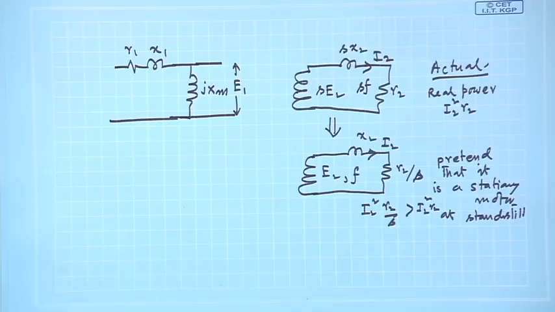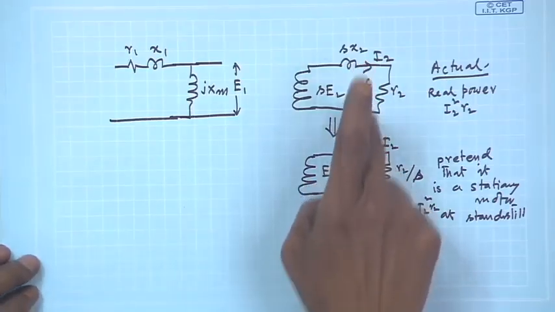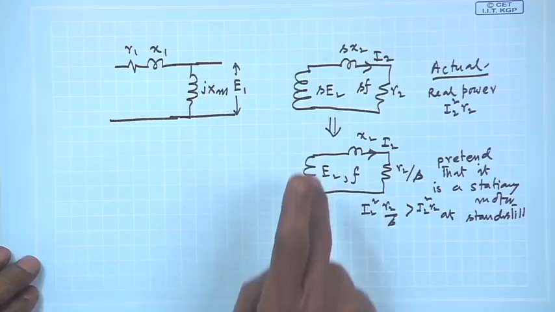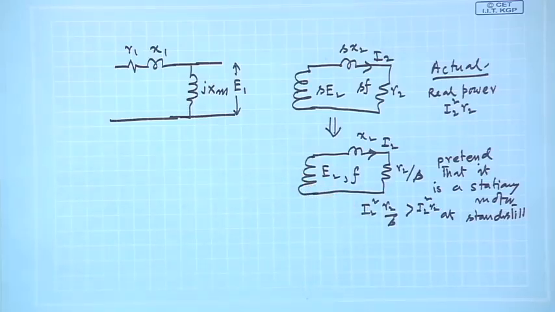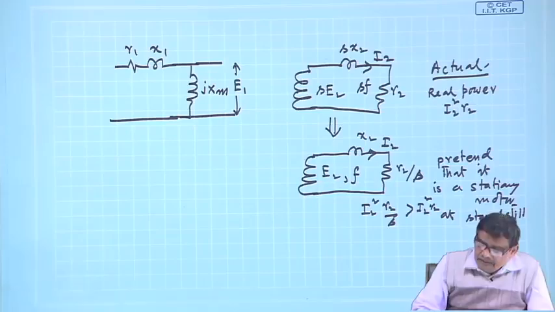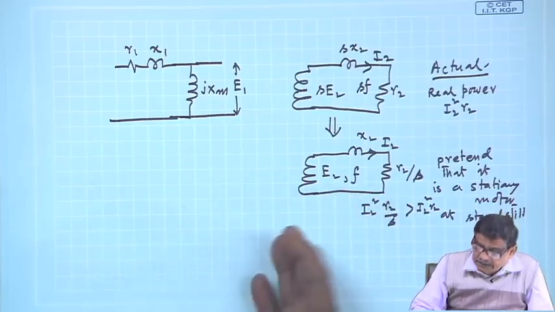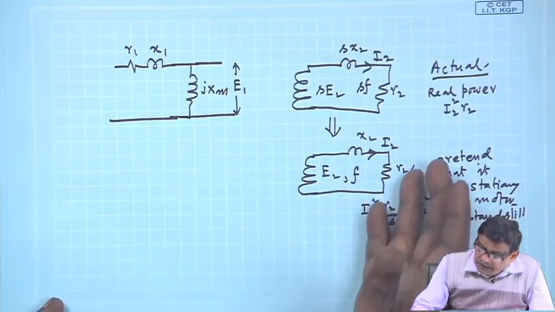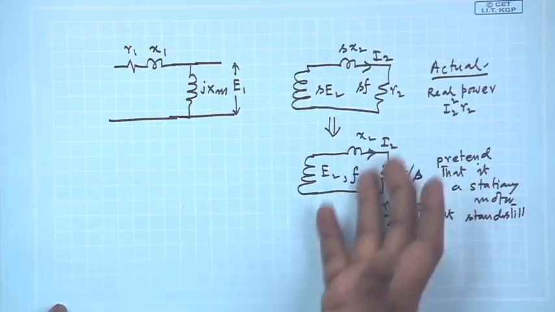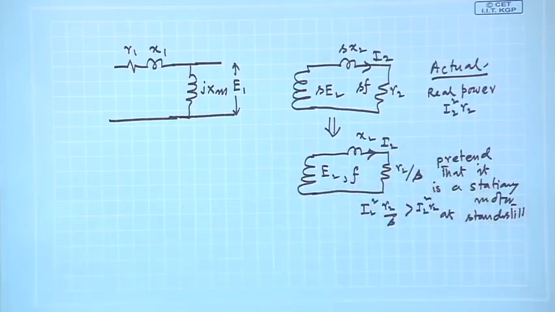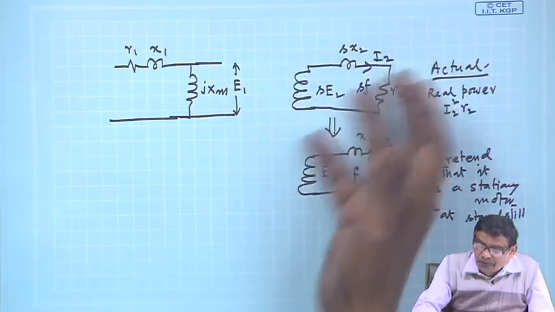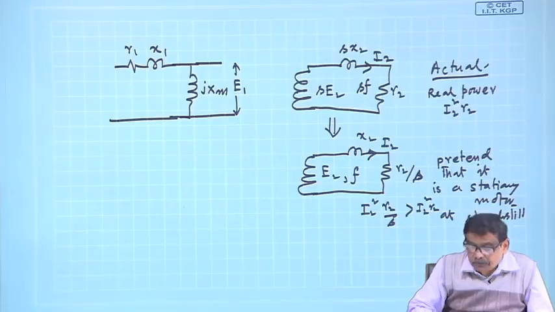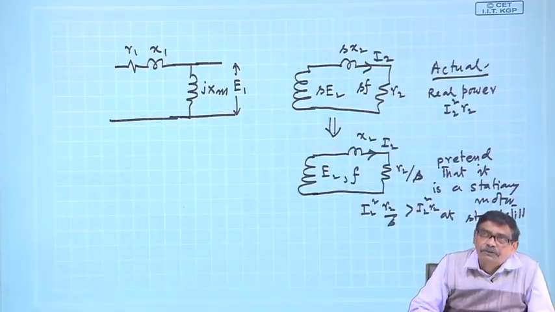Therefore, it is not surprising that this power is not balanced in this circuit and in this circuit. But I will not be disturbed by that, because I now know that in this machine, which I am calling the standstill condition of that fictitious motor, its power loss is I2 square R2 by S. And since in the actual machine I2 is flowing, I2 square R2 is the copper loss, I know.